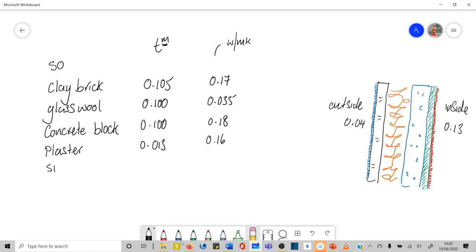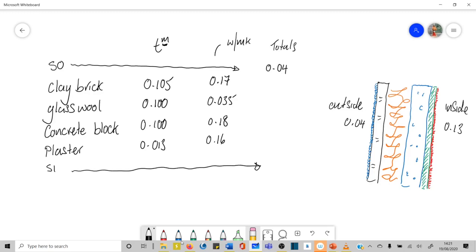So over here, let's call it totals. So surface outside resistance, if you remember, was 0.04. Then we can say that the surface inside is 0.13.